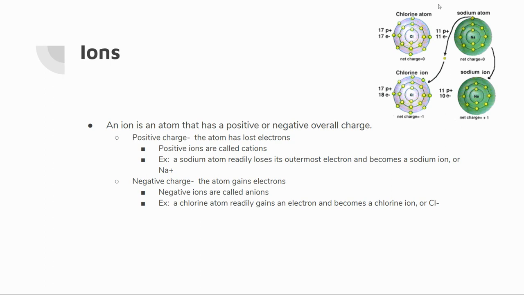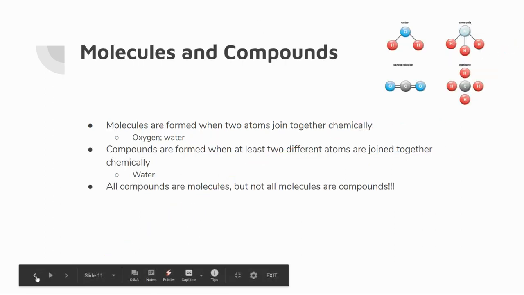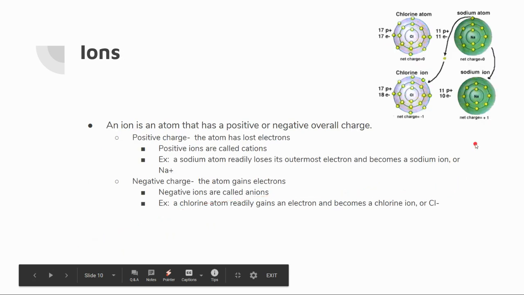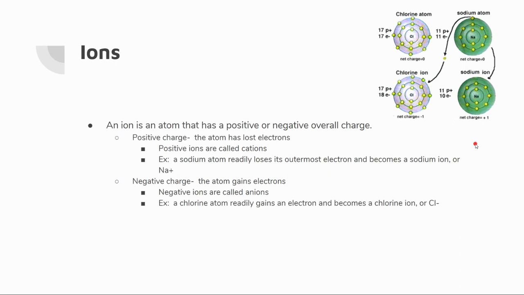That's a lot of energy to kick seven electrons out of their home, so to speak. So it's going to be a lot easier for chlorine to pick up one more electron to become full. So it will have one more negatively charged particle than it does positively charged particle, which is going to give it an overall net charge of -1.